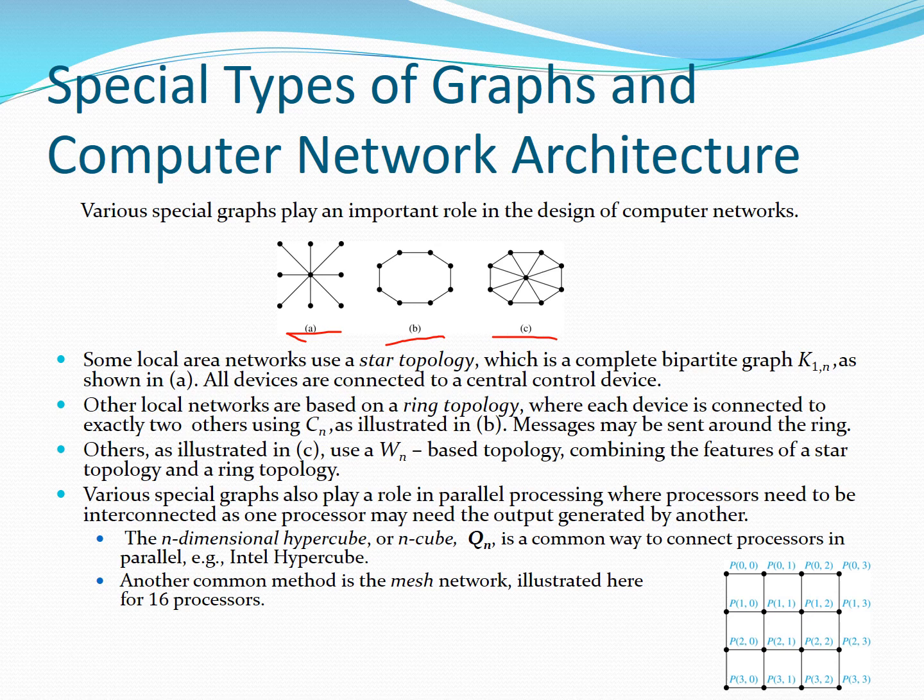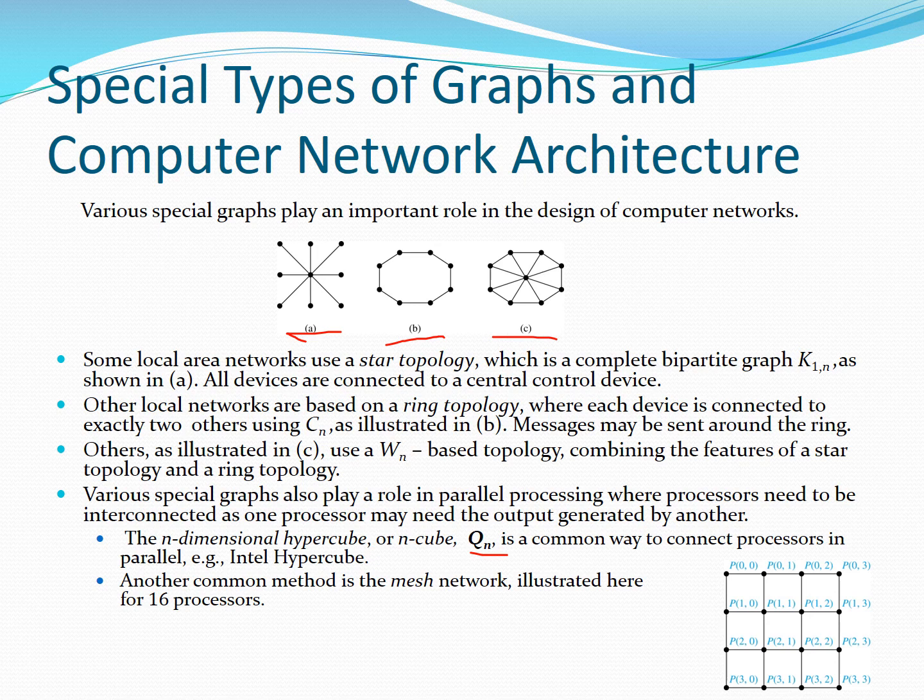Now, other than these three, you can also have an n-dimensional hypercube, Qn, that we looked at in the previous slide, to represent a network that is useful in parallel programming. In order to show which processors can work in parallel and which cannot, and how parallel processing progresses, you can use an n-dimensional hypercube.